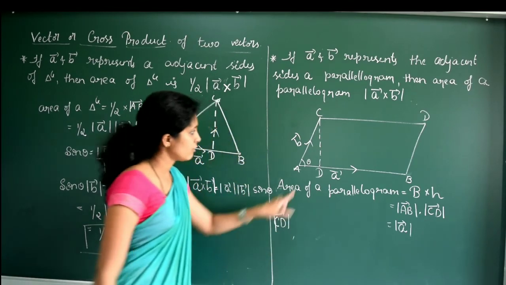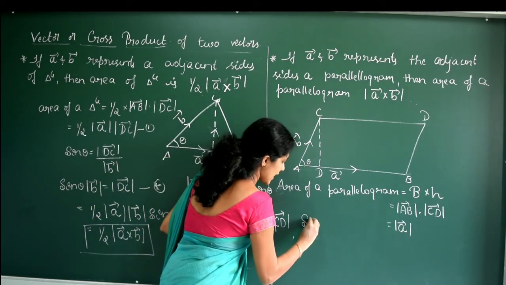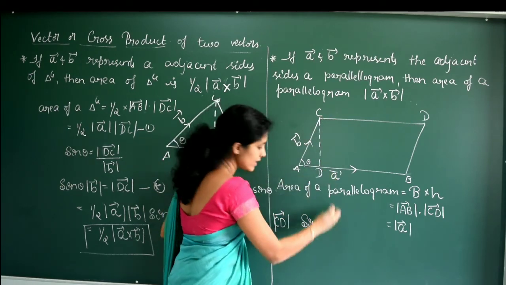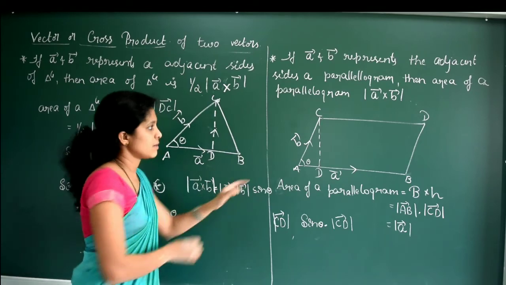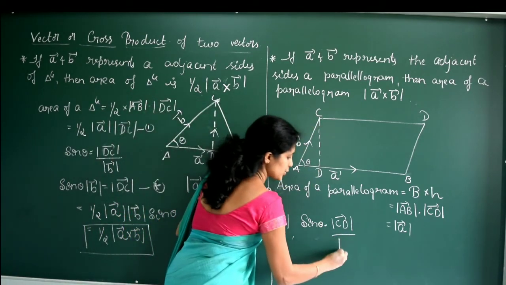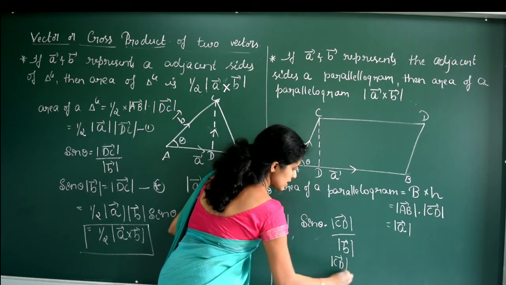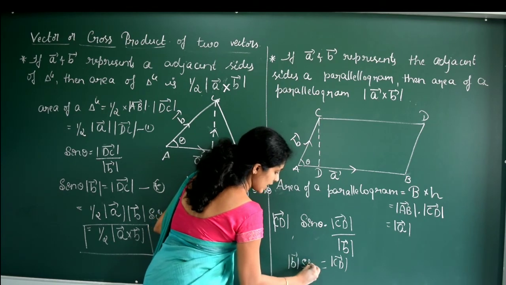To define this, we will use the angle sin theta. Sin theta is equal to opposite by hypotenuse. Opposite is this one, that is the magnitude of CD vector, divided by the hypotenuse, which is the magnitude of B vector. By this we can write the magnitude of CD vector is equal to the magnitude of B vector into sin theta.